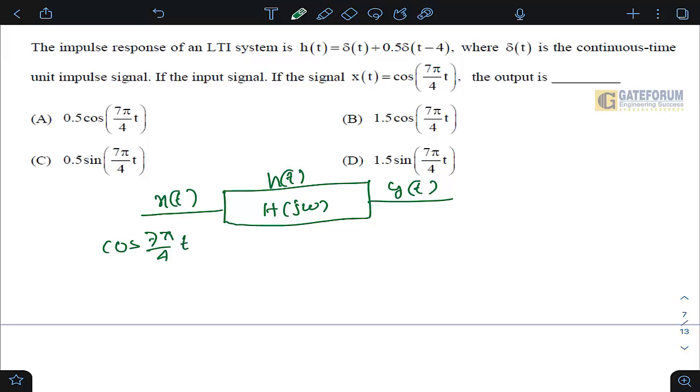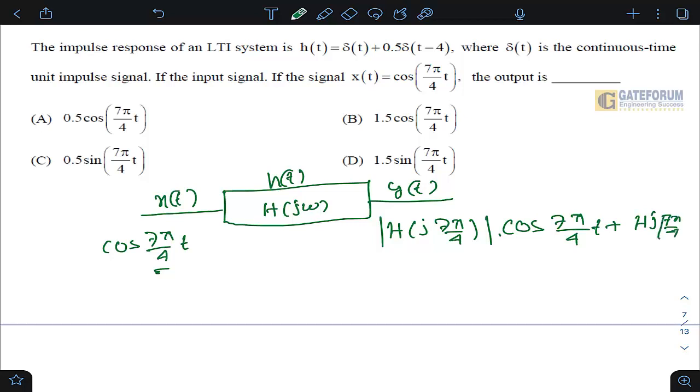Because the frequency is 7 pi by 4, the output will be the magnitude of H(j 7 pi by 4), multiplied by the existing signal magnitude, which is 1. Then you have the cos function: cos of 7 pi by 4 t plus the phase of H(j 7 pi by 4).